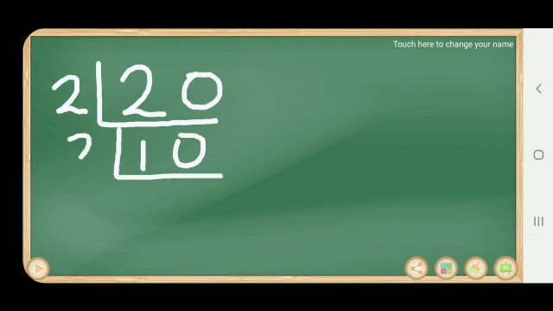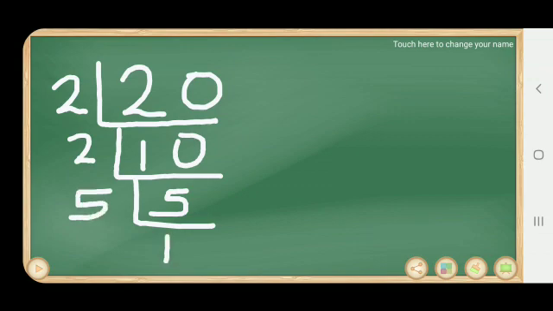In 10 again I can take 2. Why have I taken 2? Because 2 is a prime number. In prime factorization I can use only prime numbers. In 10 how many 2's are there? 5. So again in 5 can I take 2? No. The next prime number I can take, 5 itself.